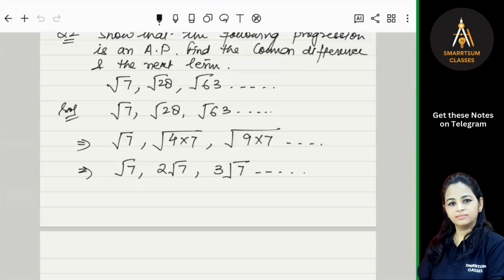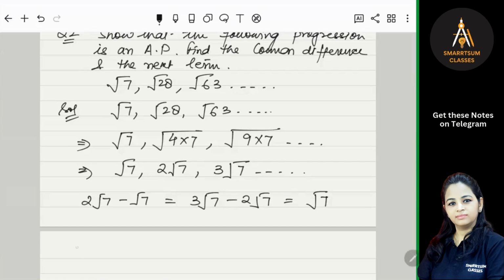Now we will find the difference. So 2 root 7 minus root 7. Difference between two consecutive terms. Okay. Then 3 root 7 minus 2 root 7. Right? Both are what? Equal to root 7. Yes or no? Okay. So you can see that difference is same.